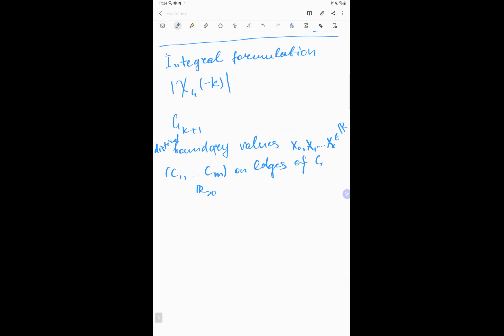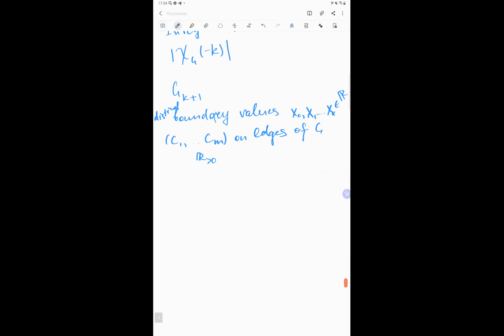We introduce them because later the authors use a theorem from another article to compute this chromatic polynomial. These are on edges of G_{k+1}.